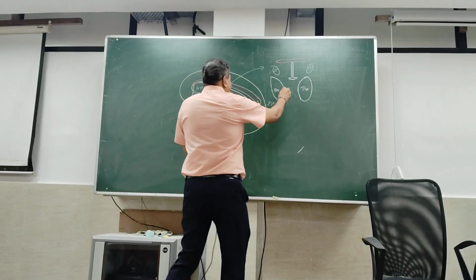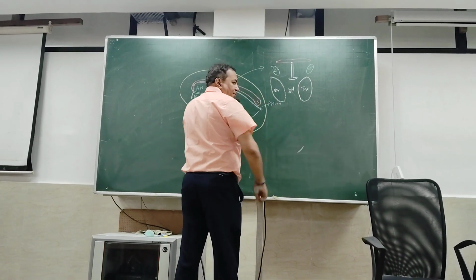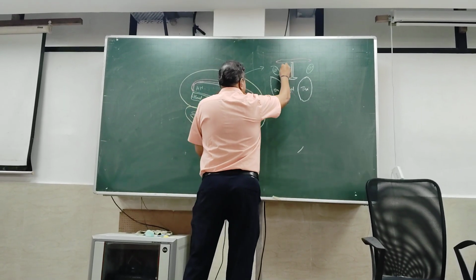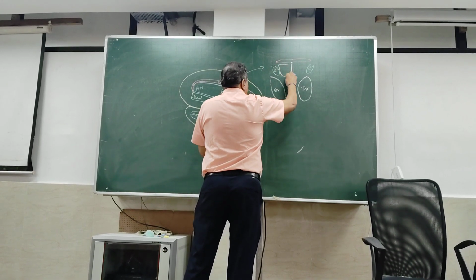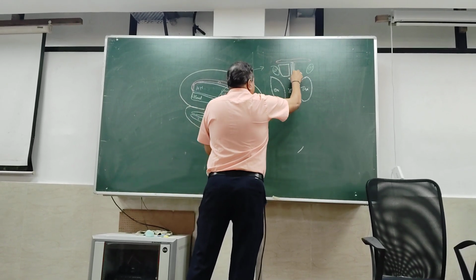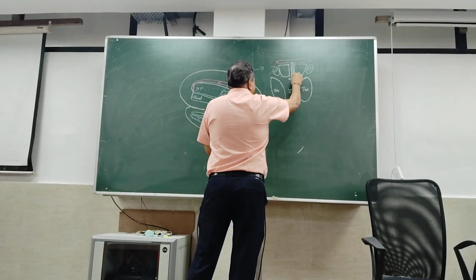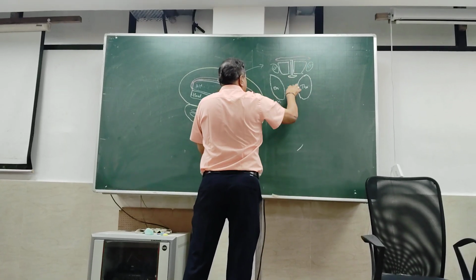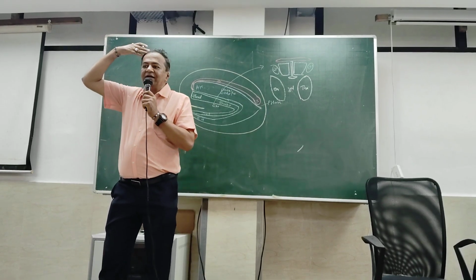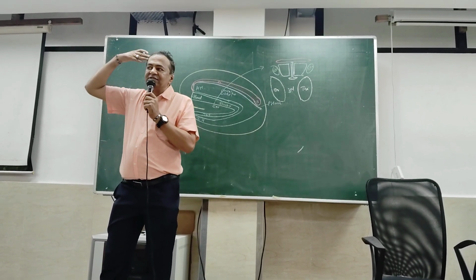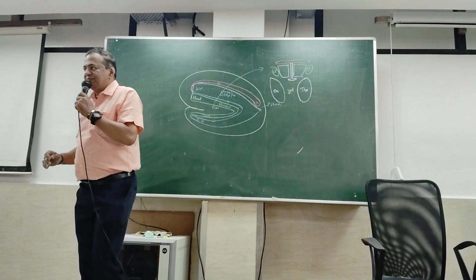So here is the third ventricle. Third ventricle. This is the lateral ventricle, lateral ventricle 1 and 2. Third ventricle is here. This is a coronal section, taken like this.